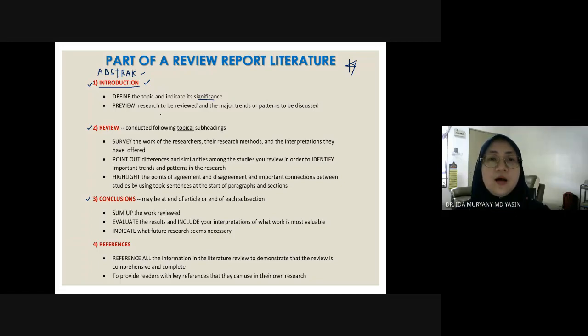Okay, and then you boleh dah highlight sedikit research to be reviewed and apa major trend or pattern to be discussed. You dah kena tarik dah you punya examiner untuk minat nak baca you punya next punya subtopik. Okay, saya cakap ni macam senang lah kan, but you need to do this, you memang kena buat introduction ni bagi menarik. Sebab apa-apa memang orang akan tengok the first impression tu is very important kan.